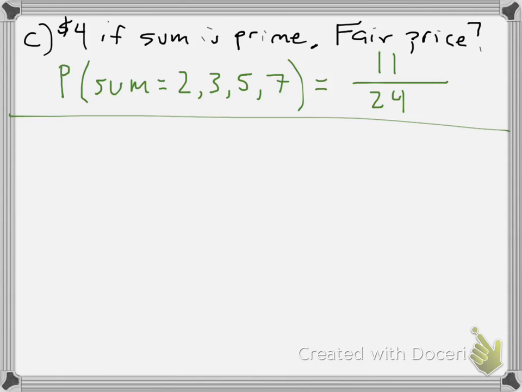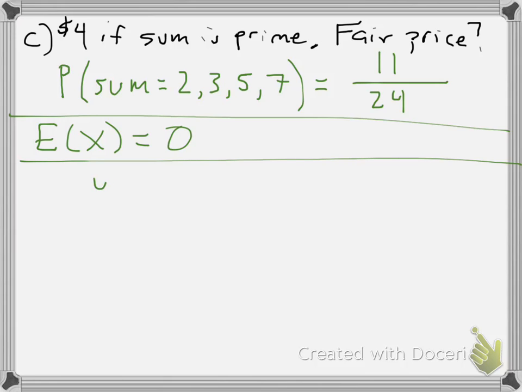But let's find out. When something is a fair price to play with one of these games, the expected value over the long run is 0. That is, you're going to win as much as you're going to lose in the long run. Well, let's see here. We win, we're going to win $4, and the probability of us winning is 11 out of 24.